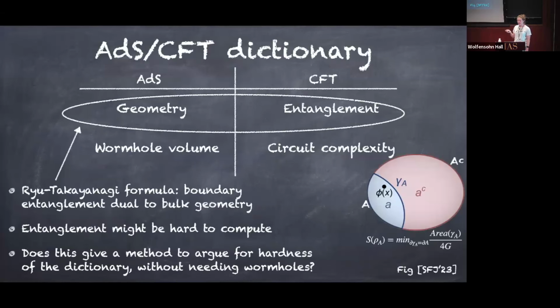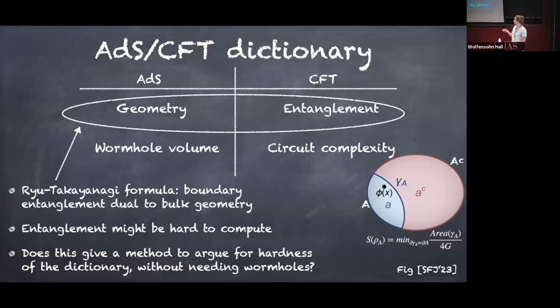And this formula says that the von Neumann entropy, so the entanglement entropy between the A portion of the boundary and the A complement portion of the boundary, is proportional to the area of this minimal surface, where this minimal surface is the same one that was defined a few slides ago. Okay, so this gives a very nice concrete relationship between entanglement and geometry.